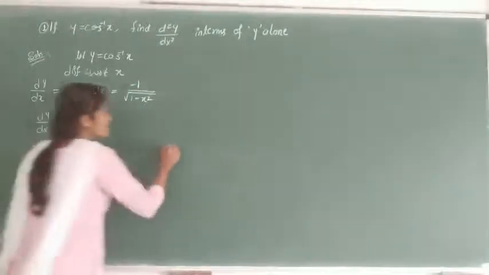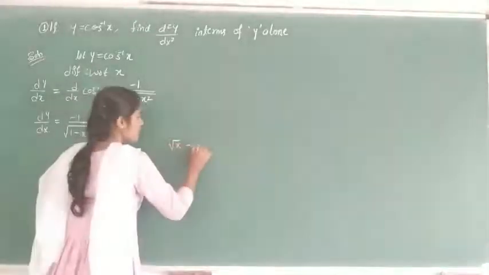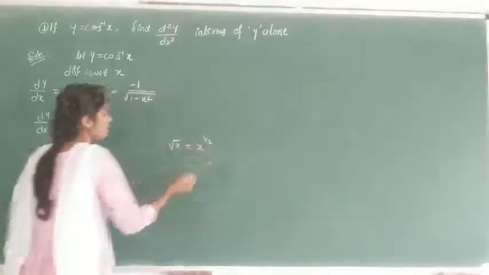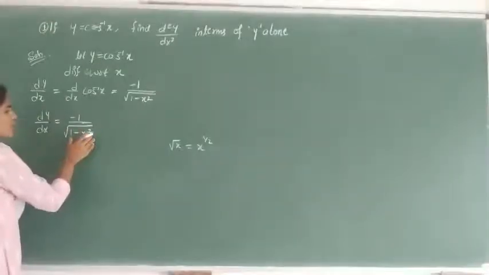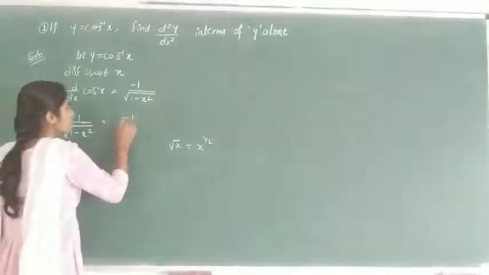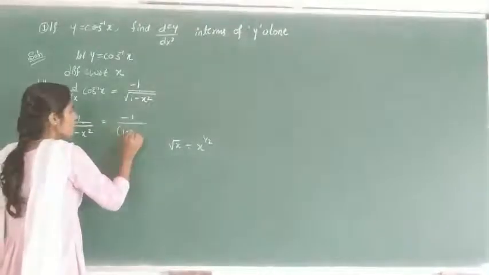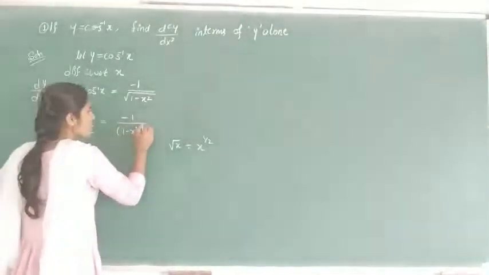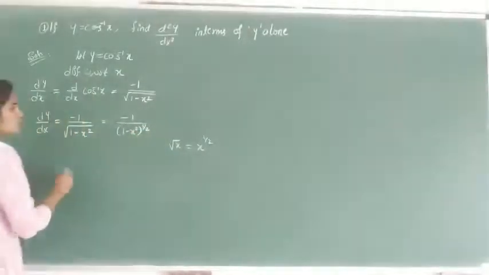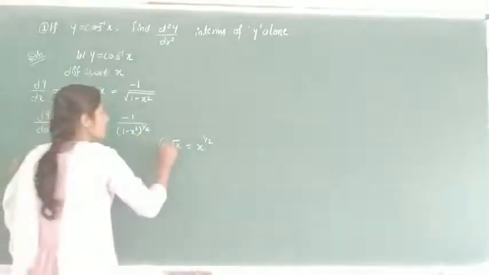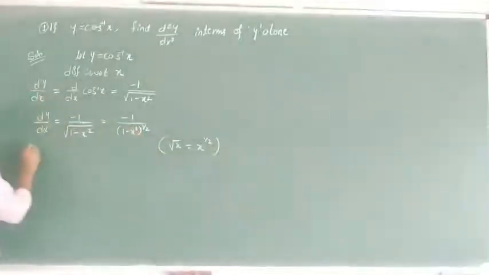Square root of x can be written as x to the power 1 by 2. So here also, square root of 1 minus x square can be written as minus 1 divided by (1 minus x square) whole to the power 1 by 2. So now it is very easy to differentiate this equation.